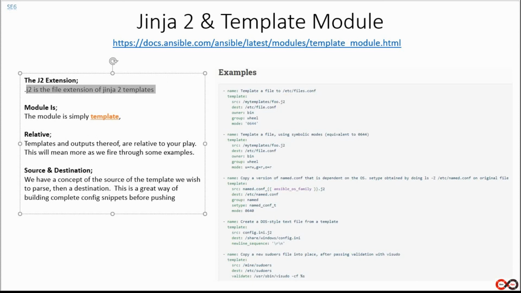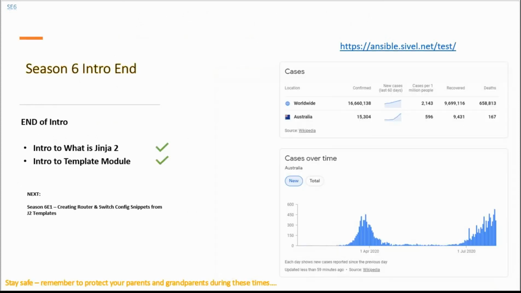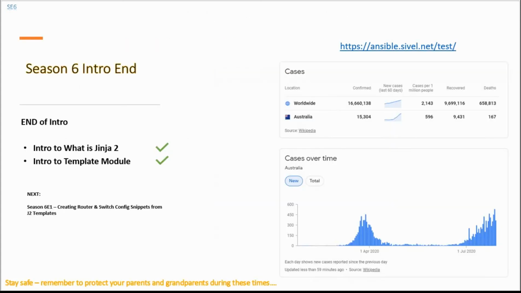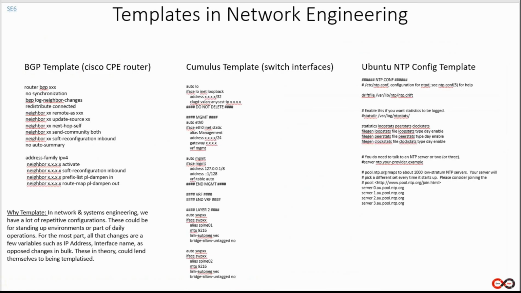Before I close off the quick intro, I just wanted to cover off, are you aware that we have this really cool language at our disposal called Jinja 2? How do we use it? Well, you might want to familiarize yourself with the template module. You can just head over to Ansible, look for the module called template, and you will find some great examples there. Also, what are some use cases where we could use a templating language?